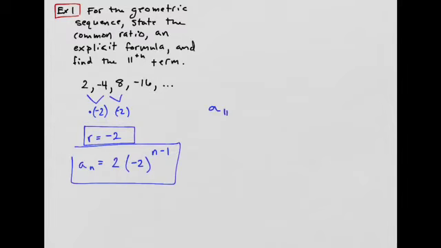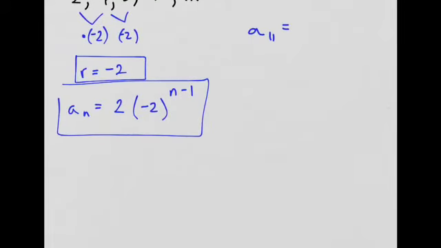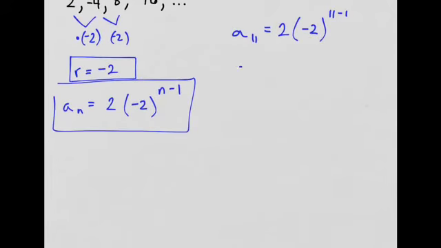So A sub 11 would be 2 times -2 raised to the 11 minus 1. We do this part first, because we have to evaluate what's in the exponent first. So A sub 11 equals 2 times -2 to the 10th power. I plugged in 11 for this n and for that n from my formula.